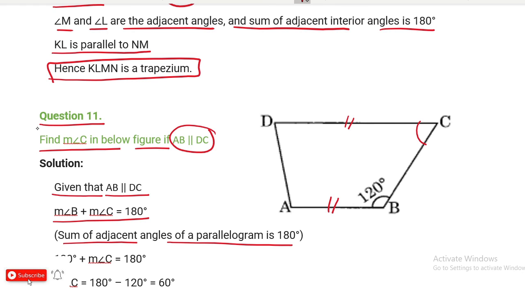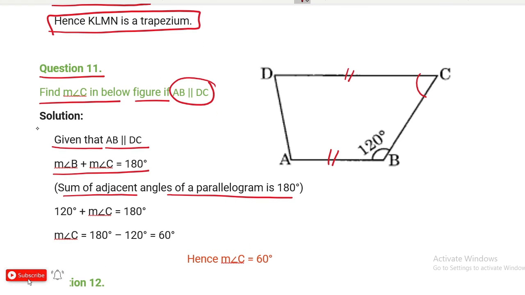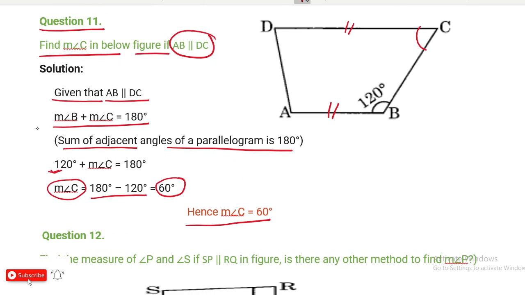This happens by the property of adjacent angles. Then angle B is 120, plus angle C is equal to 180. Now the measurement of angle C is equal to 180 minus 120, and it becomes 60. Hence the value of angle C is 60.